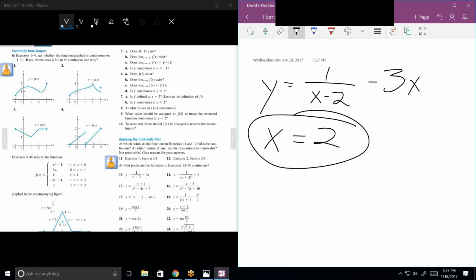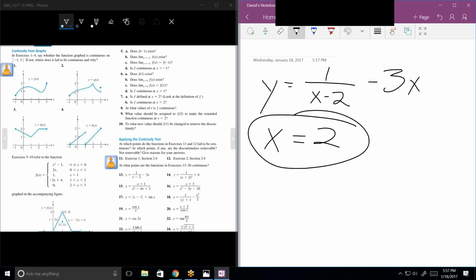Okay. And at what points is the function continuous? Well, every other point. Continuity is a lot like domain. You pretty much figure out domain by figuring out what x cannot be.